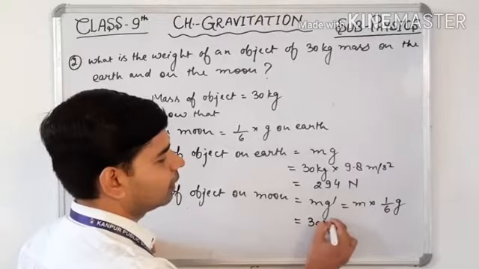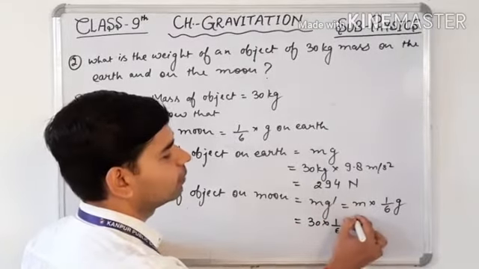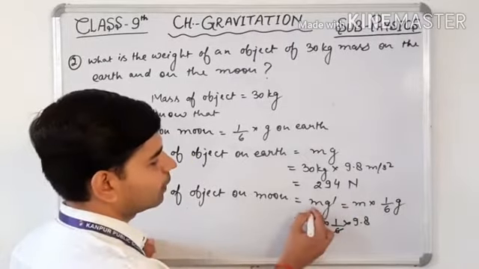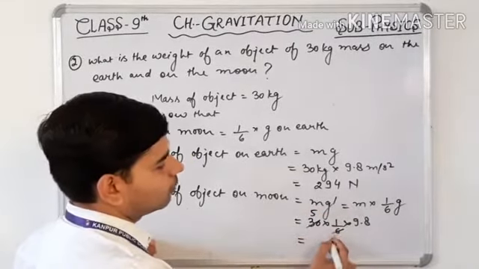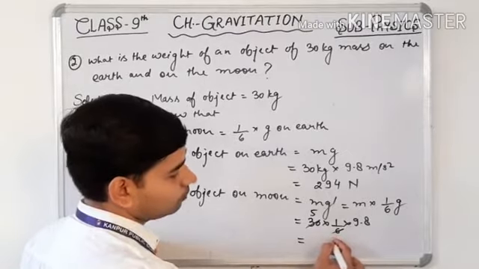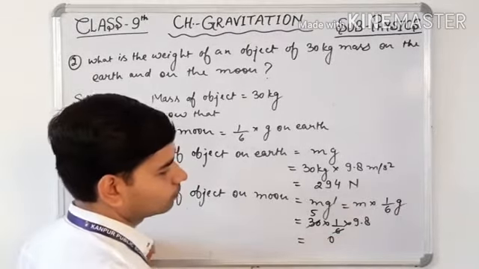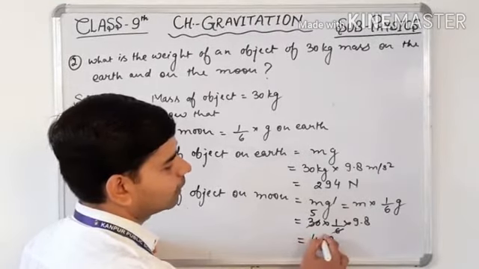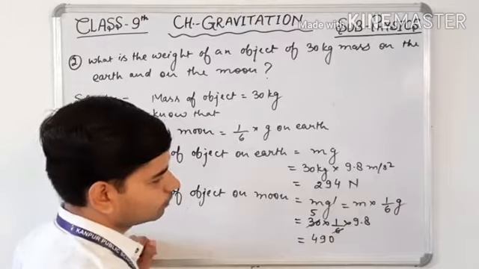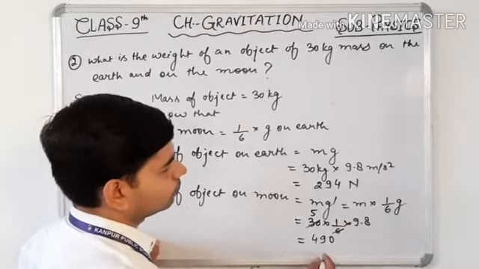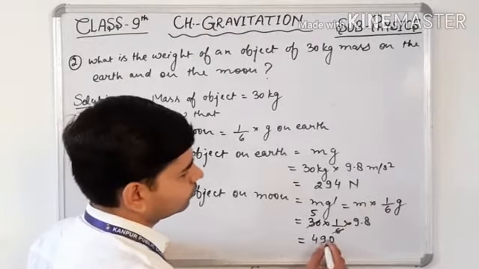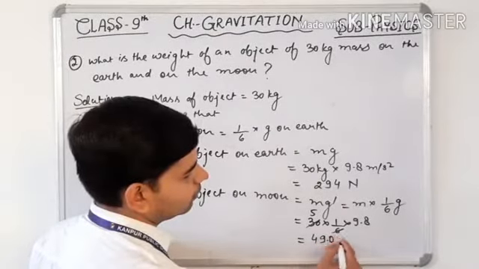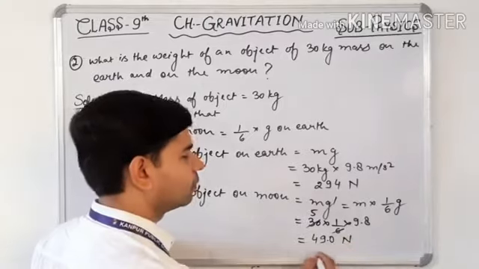So 30 into 1/6 into 9.8. 6 5s are 30, 5 8s are 40, 5 9s are 45 and 4 is 49. So this is 49.0 Newton.